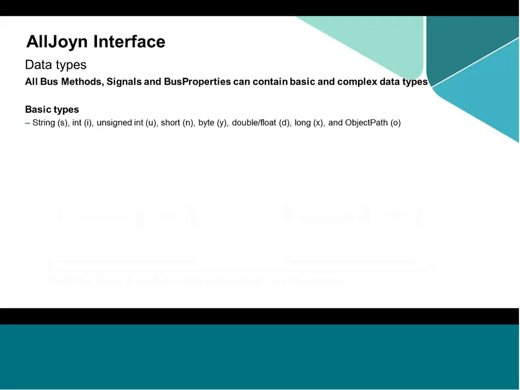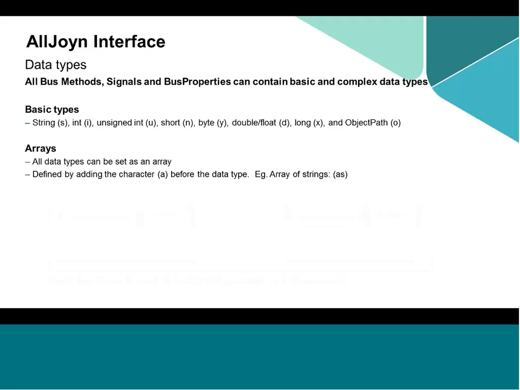And the answer is that what we can send across, either a bus property can be any primitive type, a signal and bus method, they can represent complex interactions of all these types. So we have strings, integers, shorts, floats and longs, and we have an object path. So we can actually say, here is the entire object of where it lives in its hierarchy, and shoot that across the network.